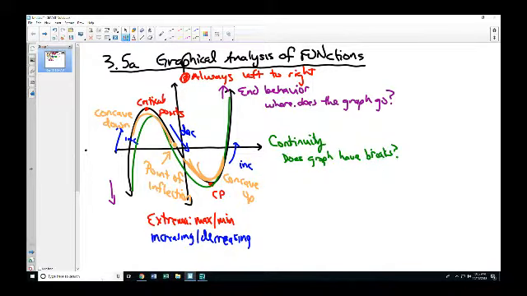So you're experiencing the most vocab-heavy day of your math year. There's a lot of stuff there, right? Point of inflection. That's where we change from concave up to down or down to up. So that's graphical analysis.